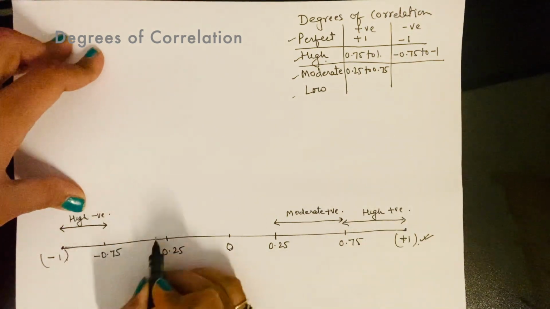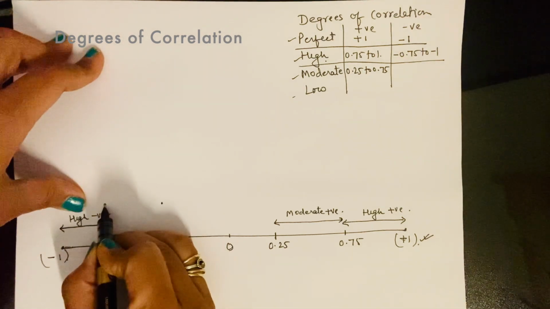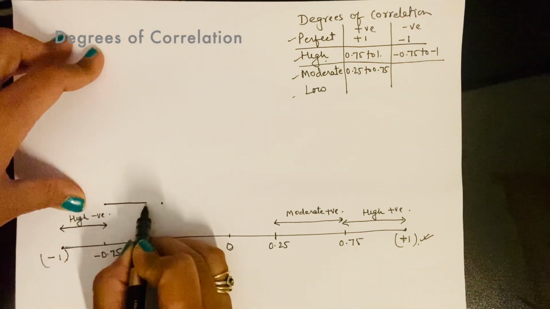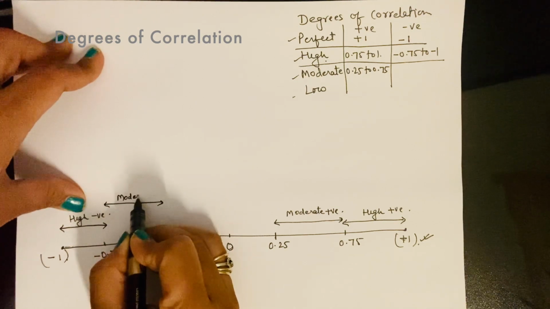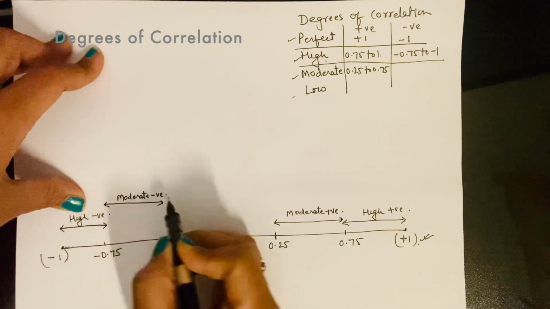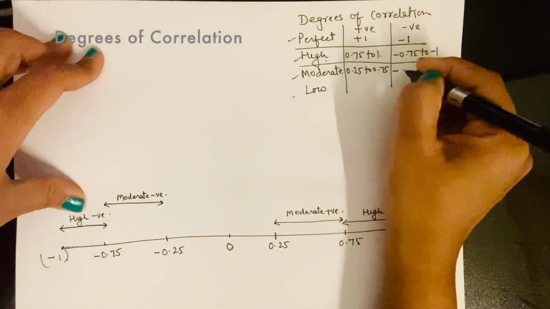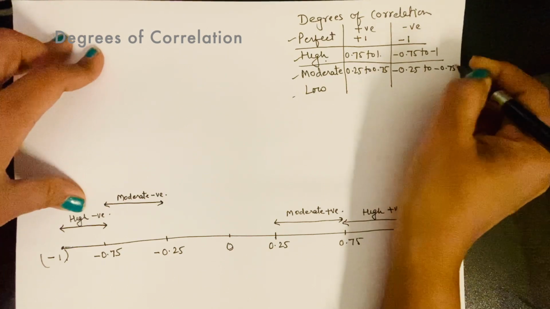Similarly, any value between -0.25 and -0.75 will be a moderate degree, showing a moderate degree of negative correlation, that is -0.25 to -0.75.